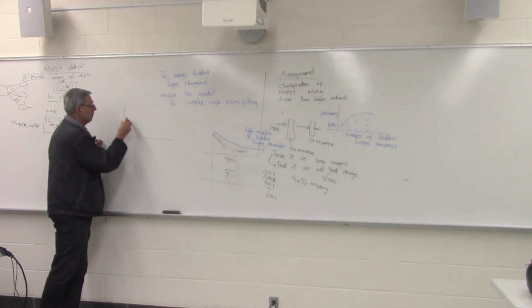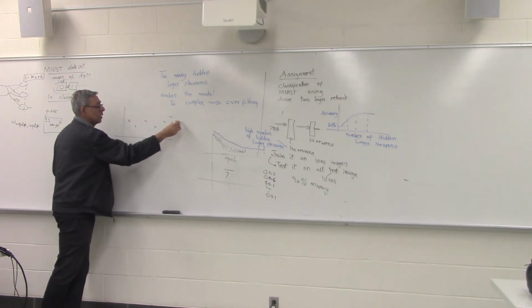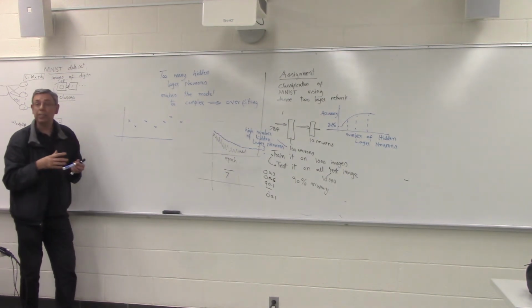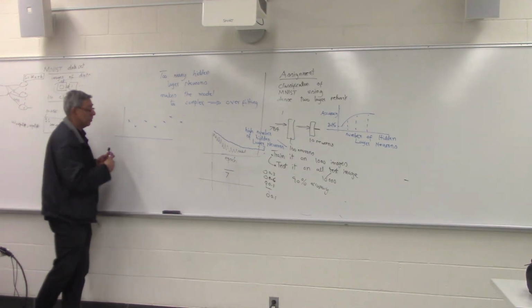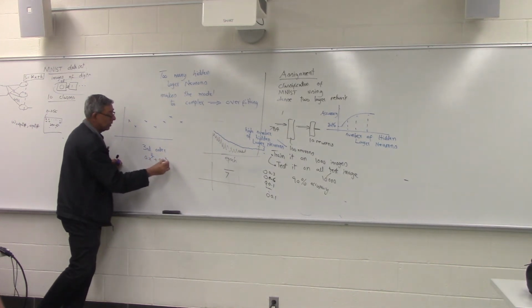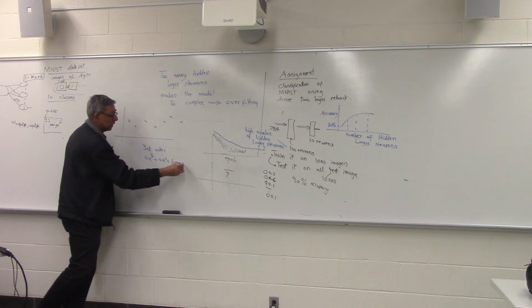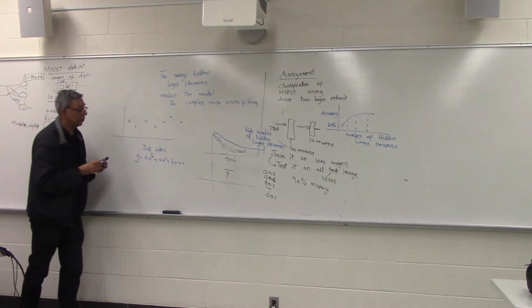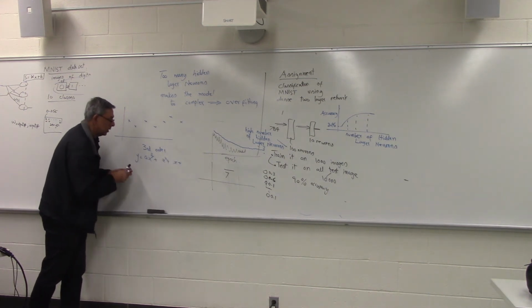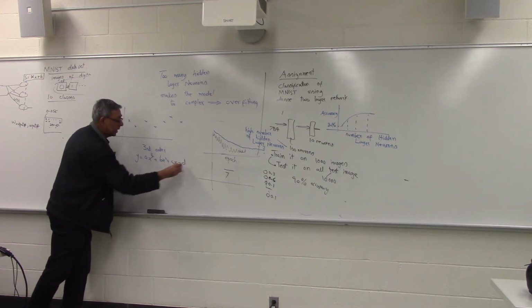Suppose you were given some data points, and you were asked to do a third order approximation, meaning some polynomial ax cubed plus bx squared plus cx plus d.